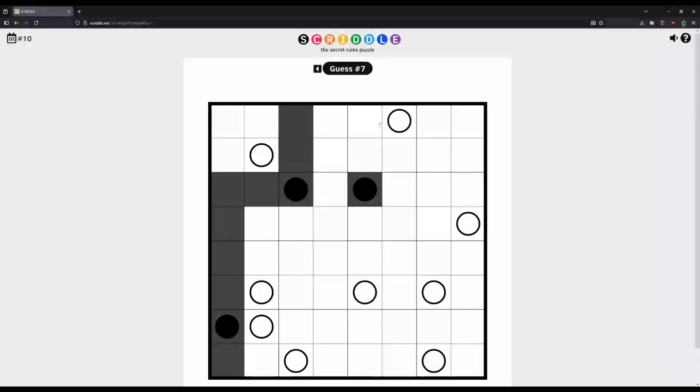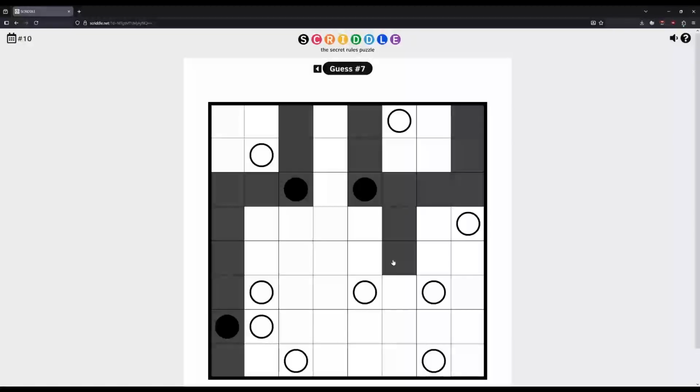Oof. We can't make this a 4x4 unless, yeah. We can make it like a 2x2, and then what would this be then? Oof.